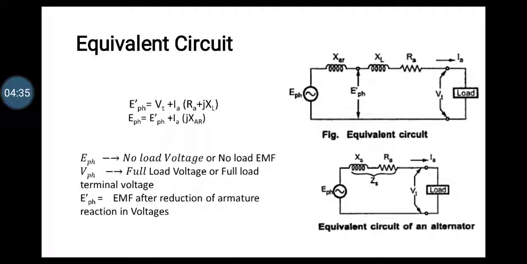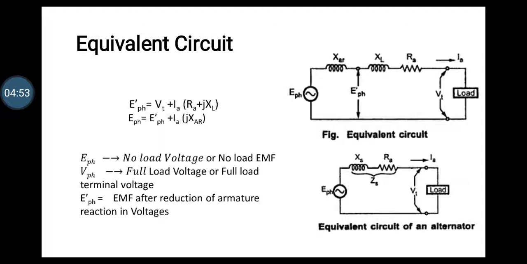When the armature current Ia flows through this, there will be a drop, as I told. So E phase dash is the voltage after the armature reaction drop.